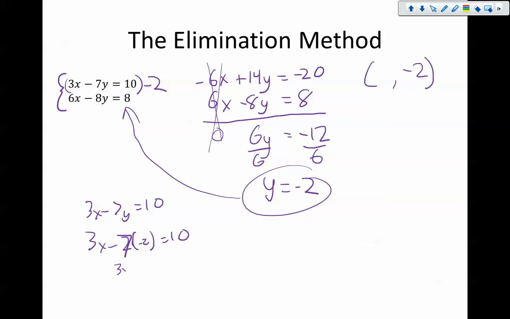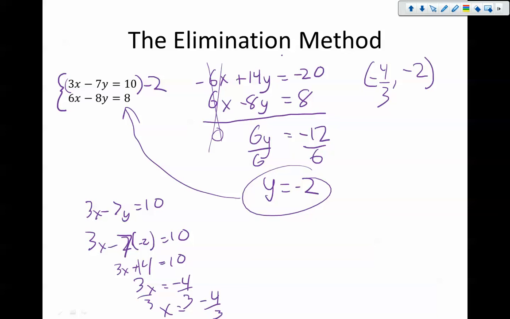So that's 3x plus 14 equals 10. Subtracting 14 from both sides gives me 3x equals -4. And dividing by 3, I get x equals -4/3. So that is my x value for this particular system, right?